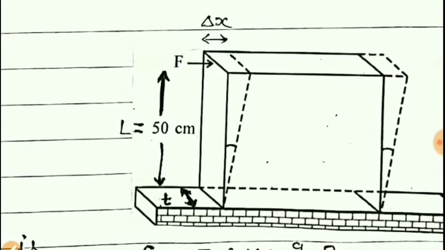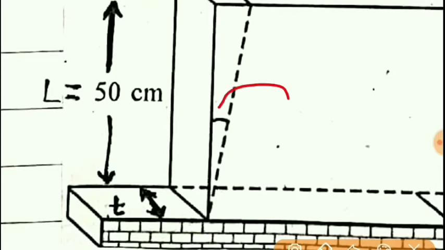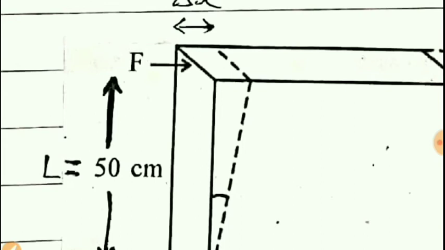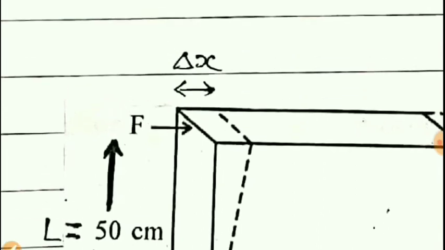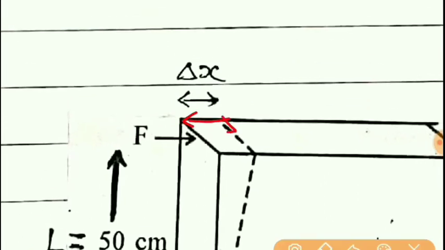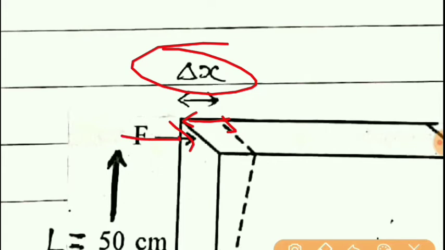This is the example of that only, shearing stress and shearing strain, that is the shear modulus. So here you can see this angle is nothing but theta, and this much displacement, that is the shifting of the upper face, is nothing but delta x, and the force is applied here along the tangent to this cross section.